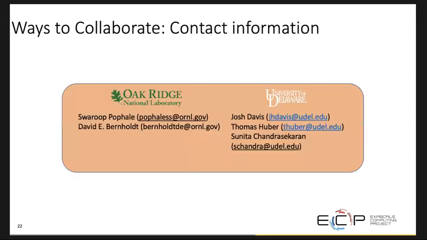So if you have any ideas, or if you just want to chat with us, or if you have more questions, feel free to reach out to any of the team members, and we will gladly answer any of your questions.